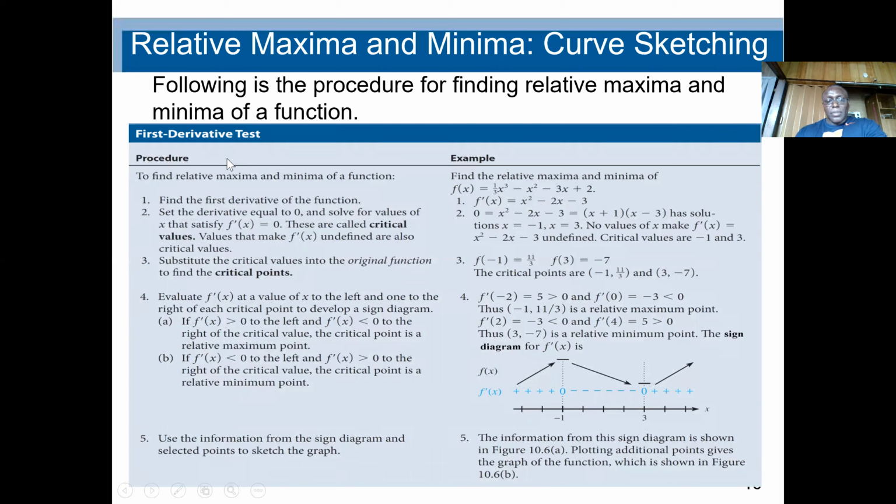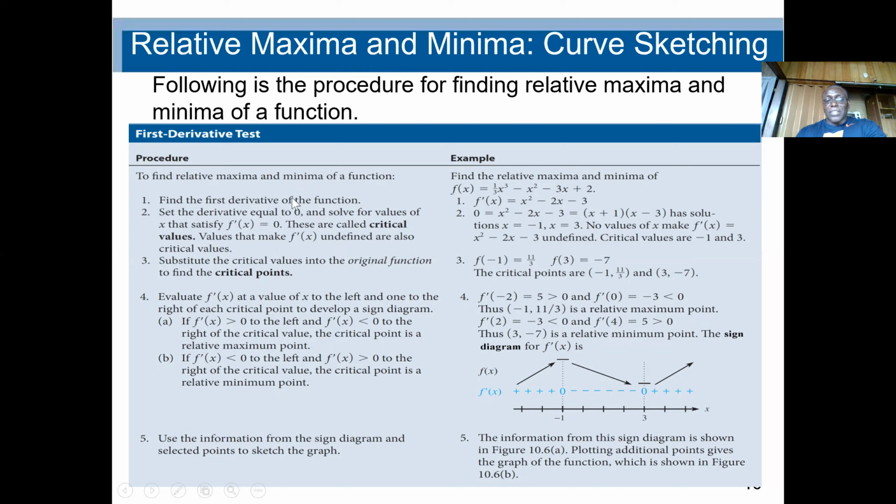So on the left side, we have the steps, and on the right side, we have an example. So if you want to find the relative maximum or minimum of a function, first, we just said it, we have to take the first derivative of the function. Now, when I take the first derivative of the function, I will equate it to 0. And that's what will give us the critical values.